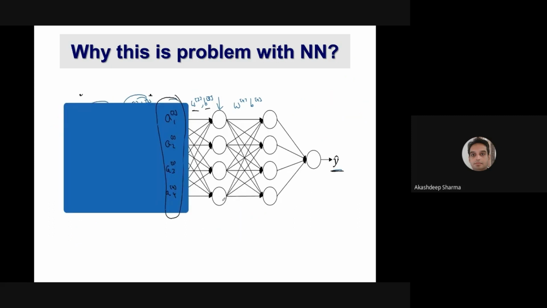From the perspective of the 10th layer, what is it seeing? The 10th layer is only looking at what the 9th layer is passing to it. So batch norm is this one.